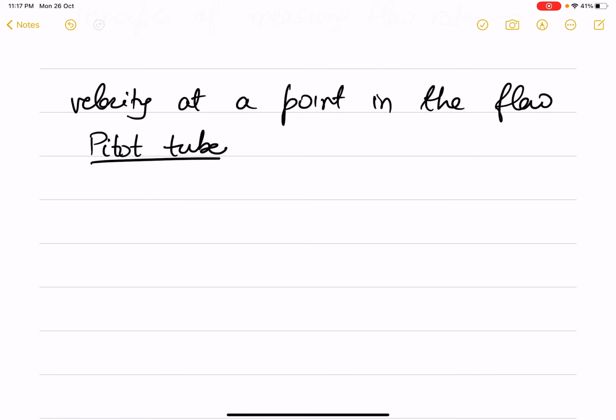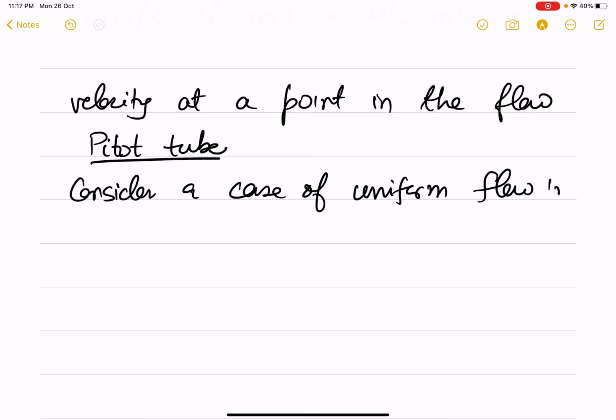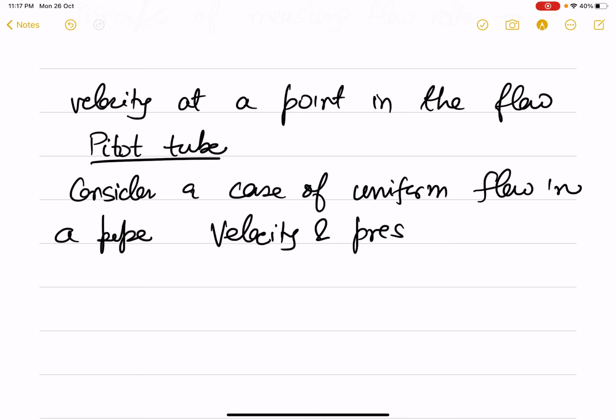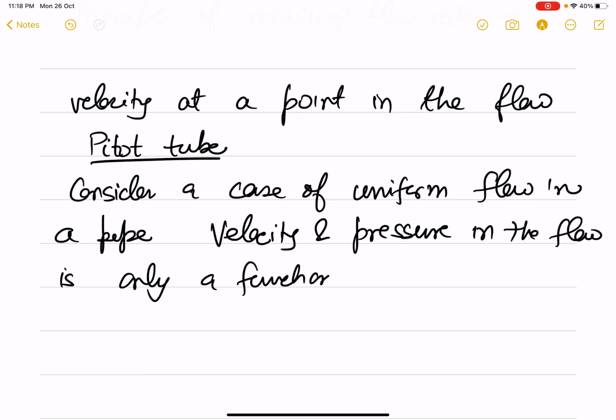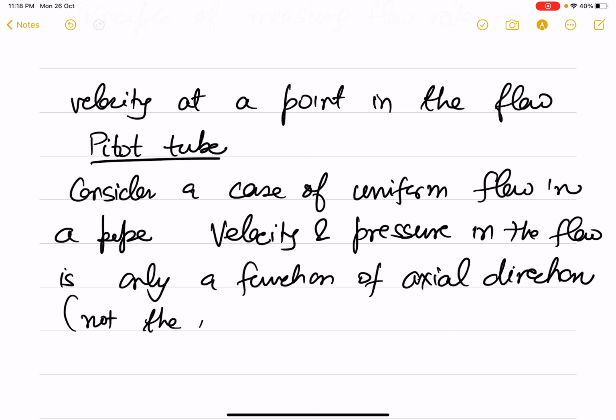So first, let's consider a case of uniform flow in a pipe, which will mean that velocity and pressure in the flow is only a function of the axial direction, not the radial or cross flow direction.